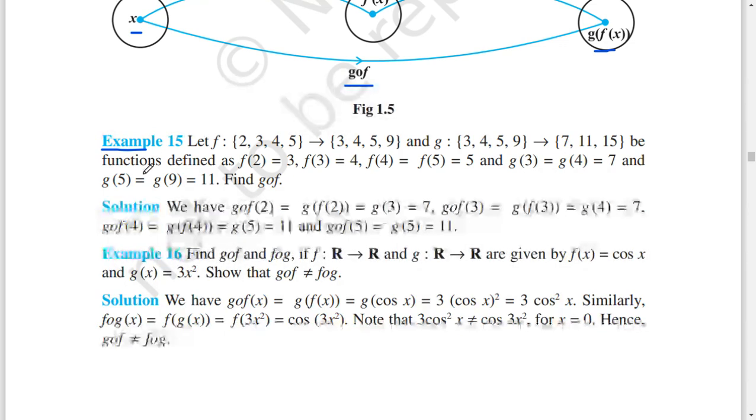Solution. We have g(f(2)) = g(3) = 7, g(f(3)) = g(4) = 7, g(f(4)) = g(5) = 11, and g(f(5)) = g(5) = 11.